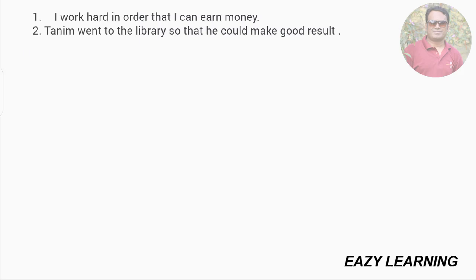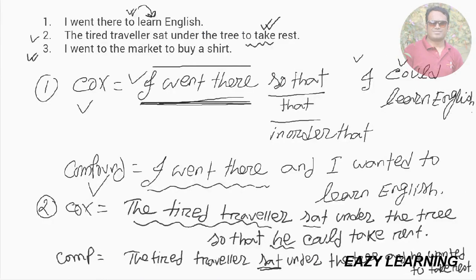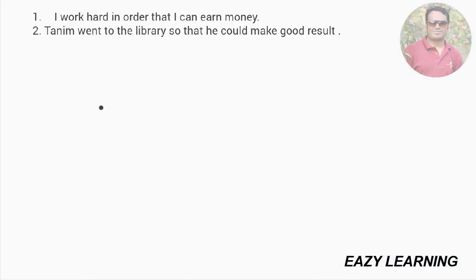If I want to change to a simple sentence, I have to follow this structure. So dear students, be attentive and try to understand how I am changing it. Simple sentence. Question number 1. In order that is the symbol of complex sentence, so I have to change it here for a simple sentence.